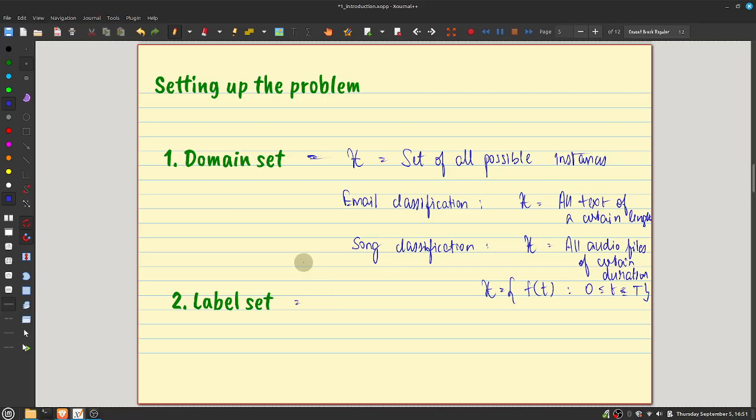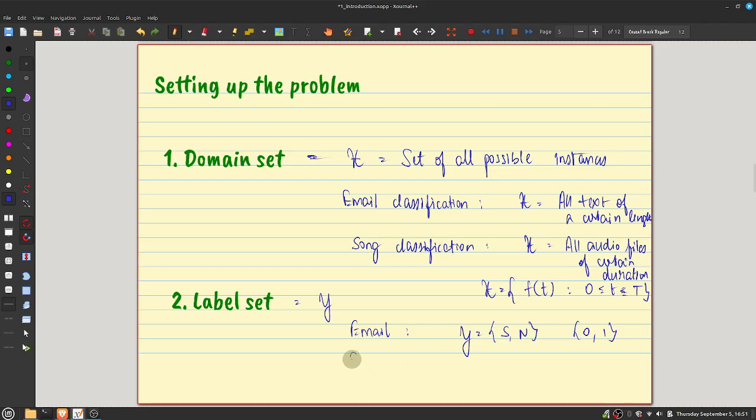Now, each of these instances has an associated label, and the label set will be denoted Y, capital Y. So in the context of email classification, this Y could be just spam or not spam, or you could also map this to 0 or 1, where 0 means that it is spam and 1 means it is not spam.